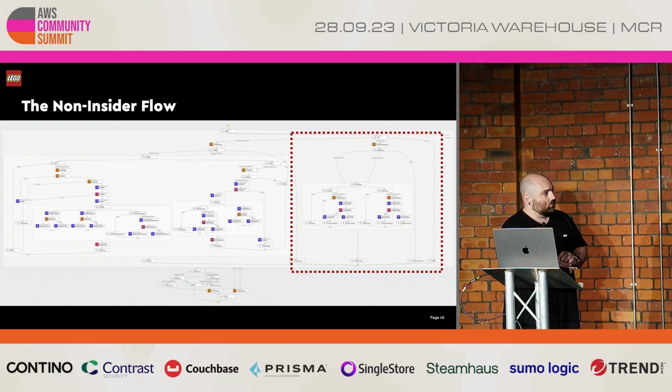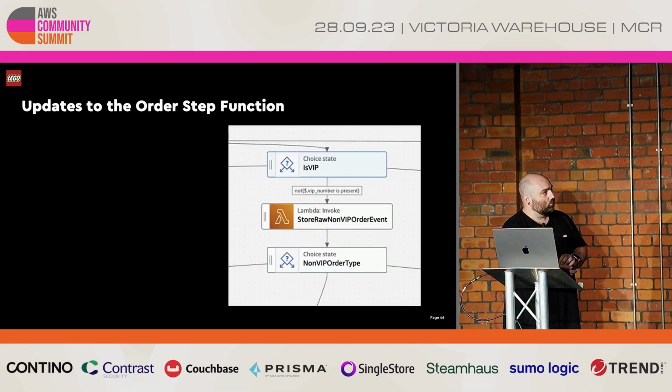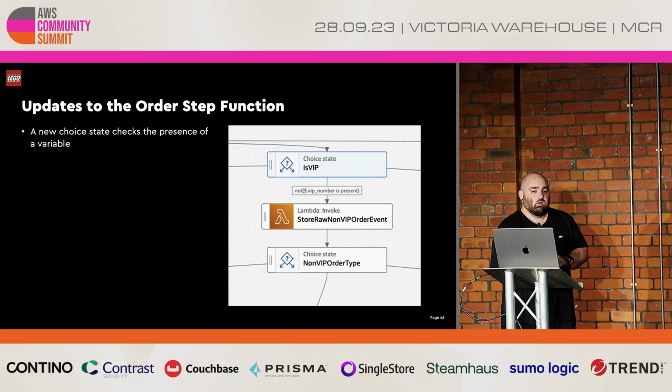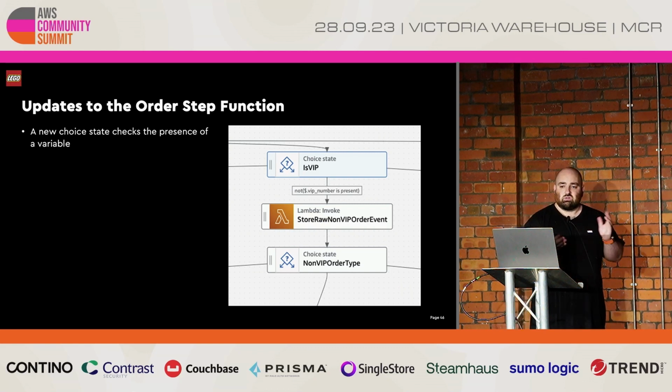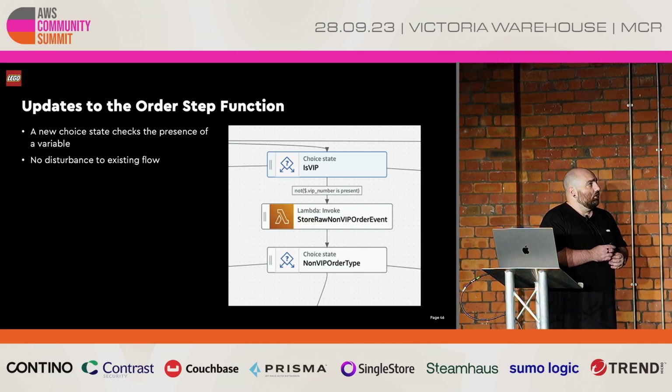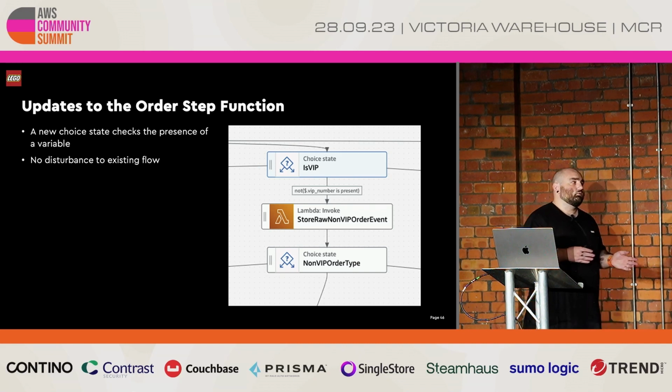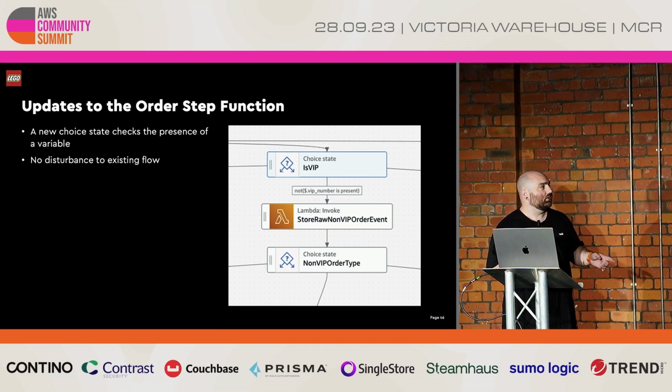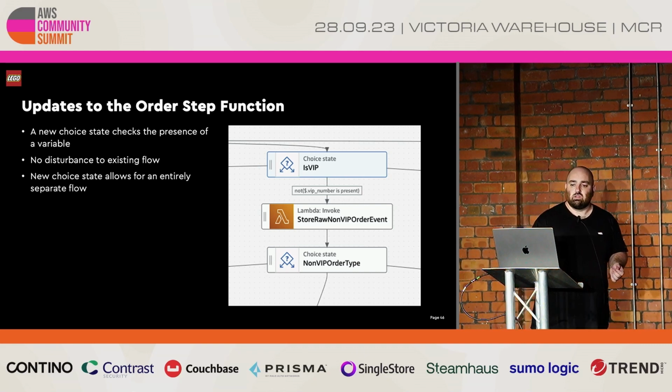So if we have a look at what updates we had to make to the order step function, it wasn't actually that many. A new choice state was added that checks the presence of a variable. So when we looked at the differences in the actual event payloads that were coming in, this is what that hooks into. It will look in there. There was no disturbance at all to the existing flow, which was one of our key things we were looking at when implementing this, because we obviously don't want to disrupt the incoming orders that we've already got.